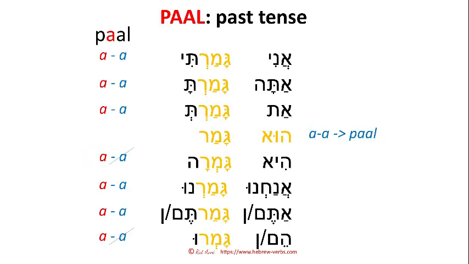It was the same. The first vowel comes from PAAL, but the second vowel comes from the person. And who follows exactly the code, the name of the binyan? When it is PAAL, it is hu, ga, mar. And the others, they take the second vowel from the person.